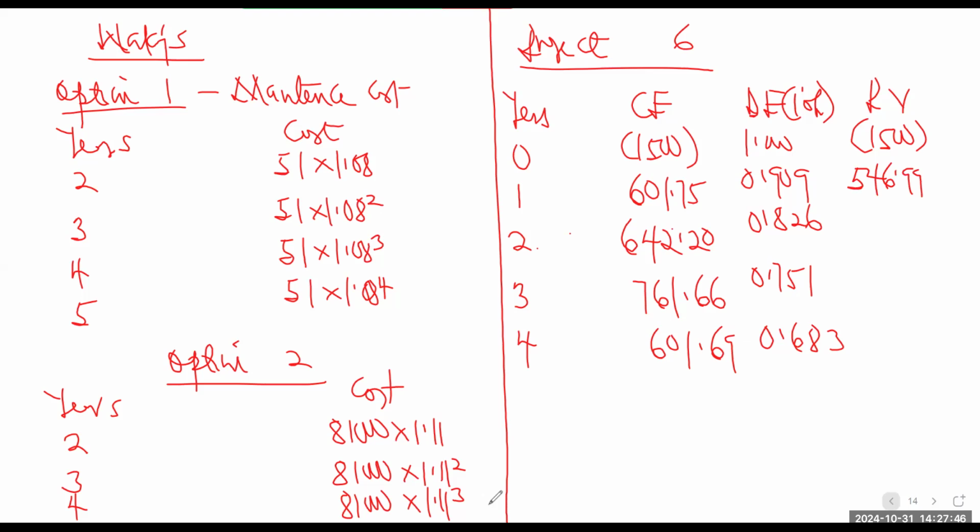Year 2 is 530.46. Year 4 is 410.95. So what is the NPV?